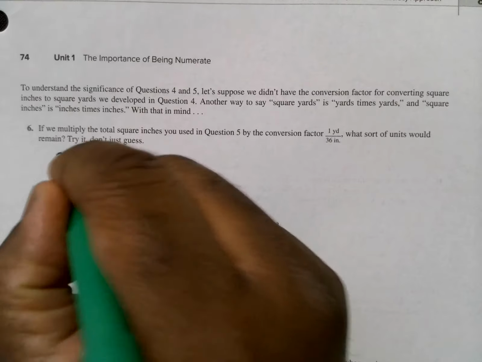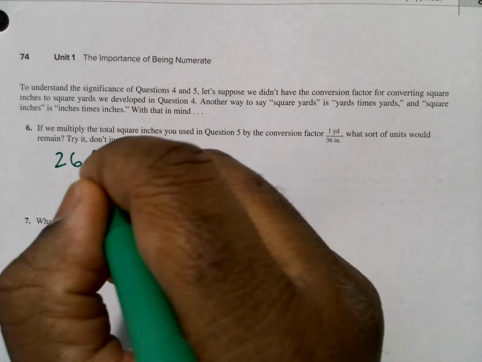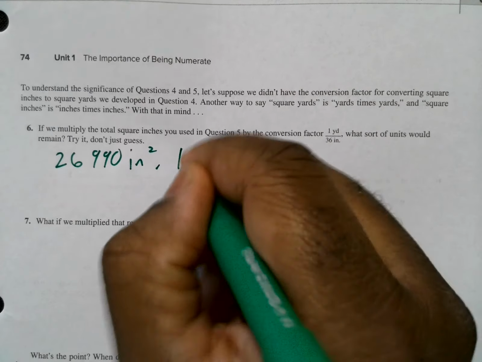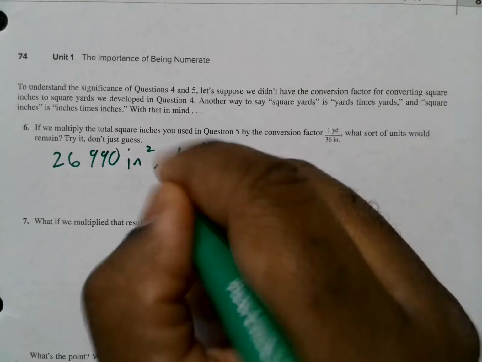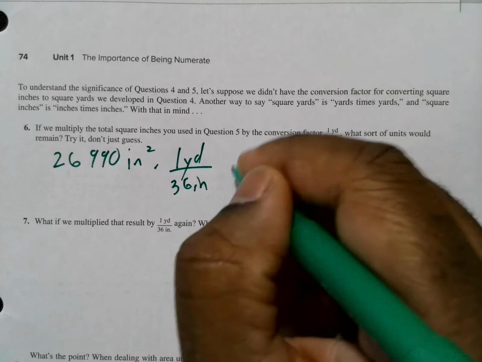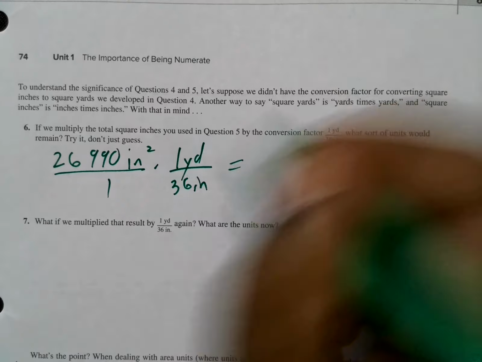Now these here are to assist you in your quest to get the correct answer, which we already got in the previous problem, but let's take a look. So we'll take 26,990 square inches and multiply it by this conversion factor, which is 1 yard over 36 inches. Now, this will be over 1 inch.